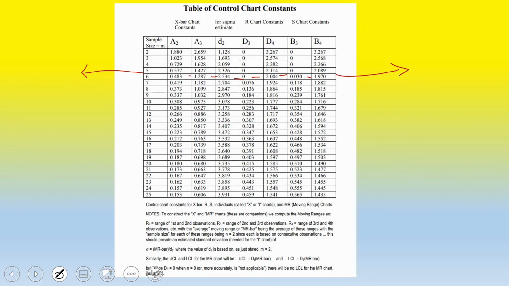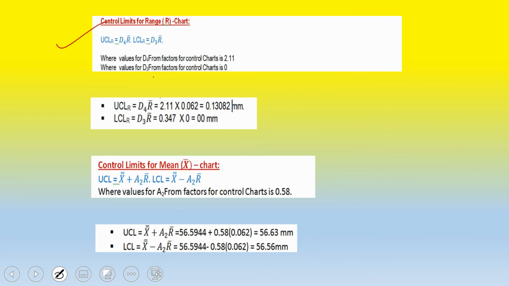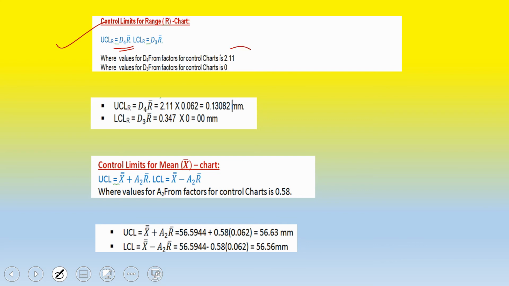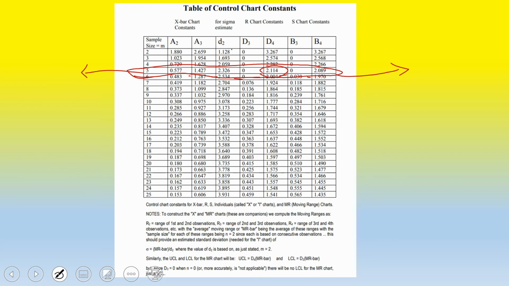So this particular place we are going to take for the subgroup 5. You see here D4 for the subgroup 5 is given as 2.114. So 2.11 we have taken. D3 is given as 0.